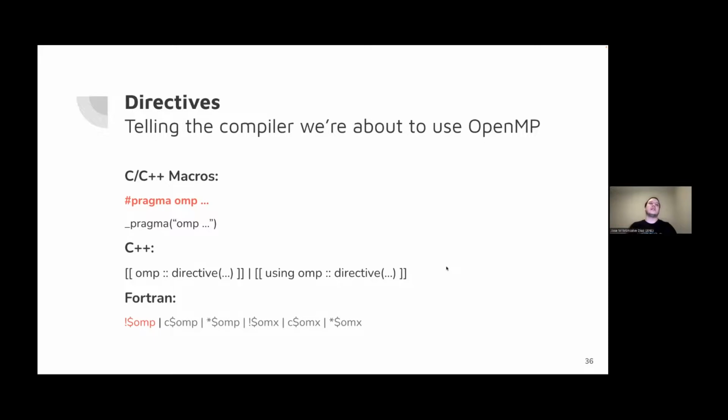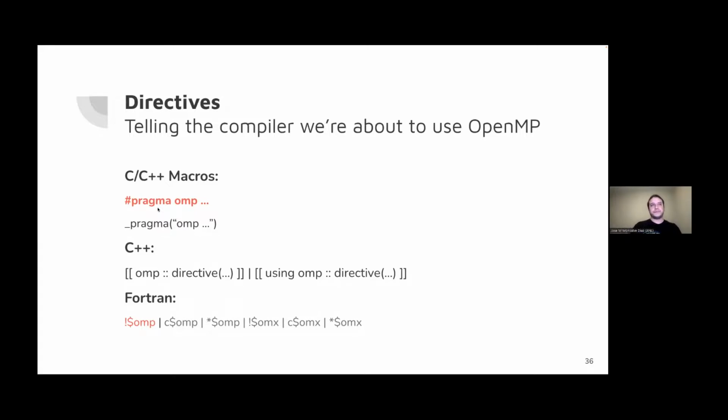So a lot of the times in OpenMP code, what you would have is the hashtag sign, the pound sign, whatever you want to call it, followed by the word pragma, followed by the word OMP, corresponding to OpenMP, followed by the different directives or clauses that we are going to be using.